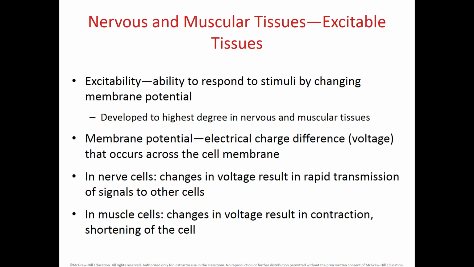Now, in nerve cells, if you have a change in this membrane potential, you will have a rapid transmission of signals to other cells. And similarly, that will happen in muscle cells. You will have a change in voltage, but instead of transmitting a signal to other cells, the muscle will shorten or contract.